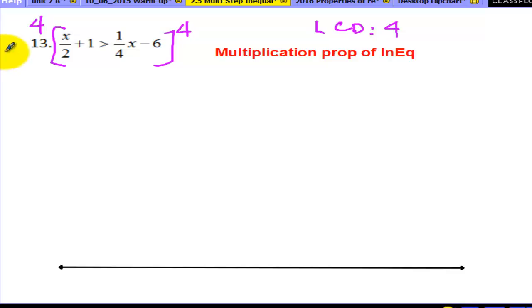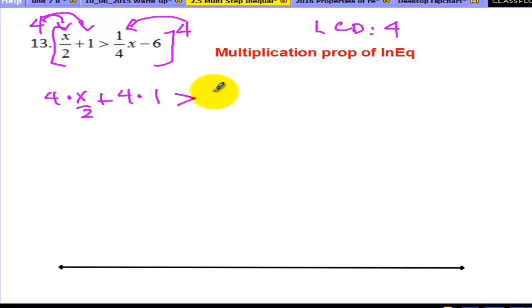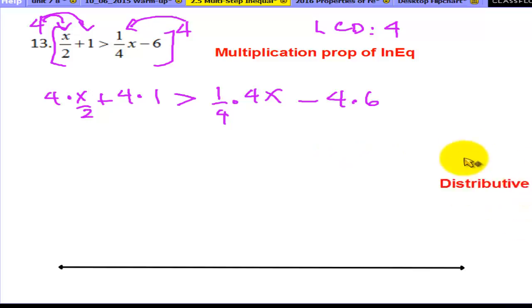Next, I'm going to use my distributive property. 4 times x over 2, 4 times 1, greater than 4 times 1/4 x, and then 4 times -6. So that's our distributive property.